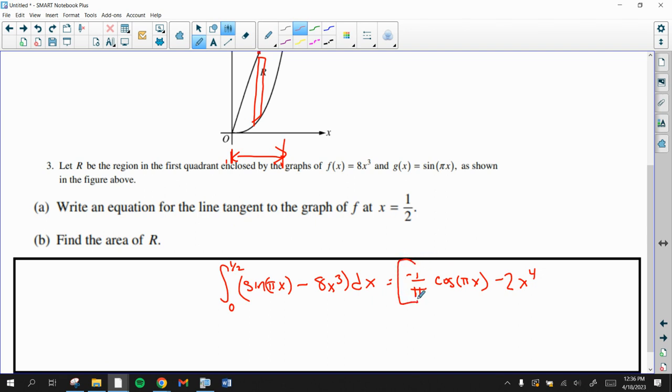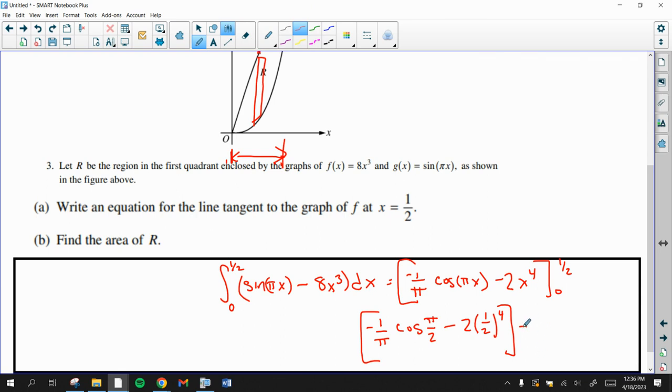And we're going to evaluate that from 0 to 1/2. So I have negative 1 over pi, plugging in my 1/2, times cosine of pi over 2, which is 0, minus 2 times 1/2 to the 4th, and all that minus whatever you get when you plug in 0.